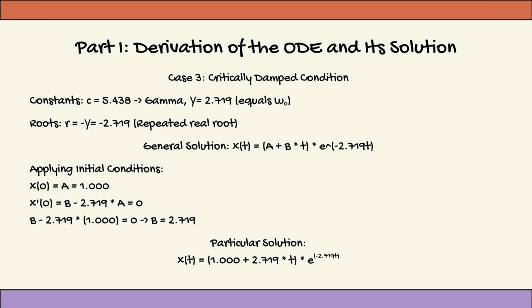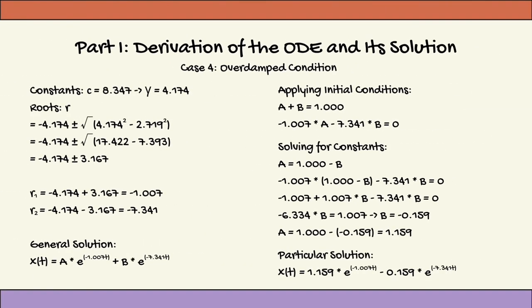For case 3, the critically damped condition, we get x(t) equals (1 plus 2.719 t) e to the negative 2.719 t. For case 4, the overdamped condition, we get x(t) equals 1.159 e to the negative 1.007 t minus 0.159 e to the negative 7.341 t.